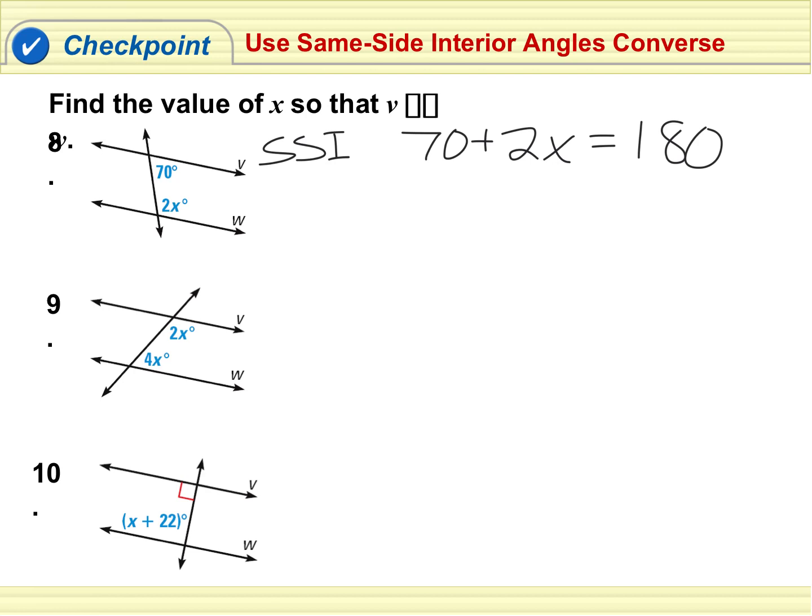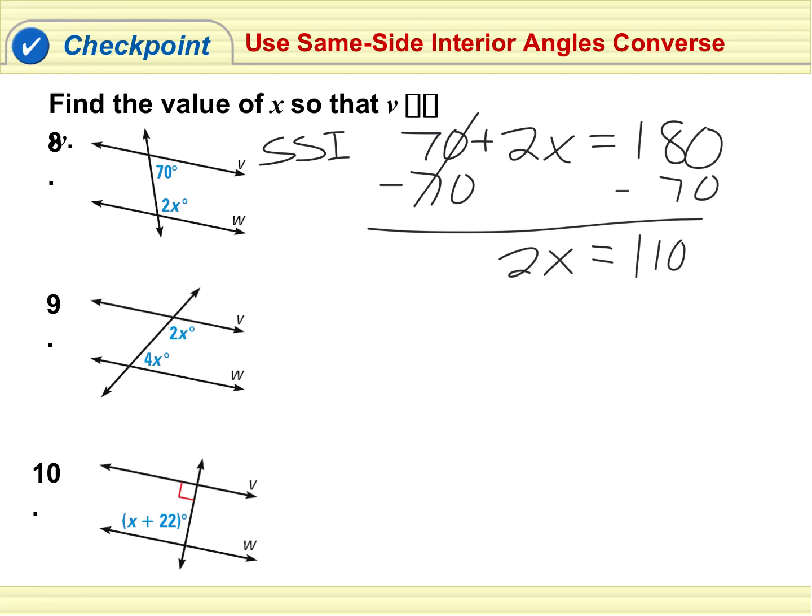You set them equal to each other. Yep, this is the only one you set equal to 180. So what would our first step be to get x by itself? Minus 70. So you get 2x equals 110, divide by 2, and you get x equals 55.